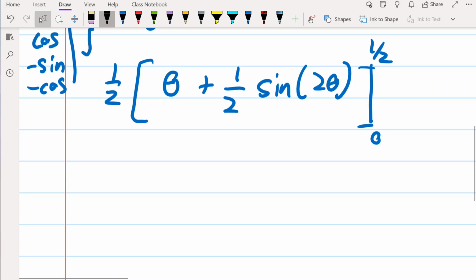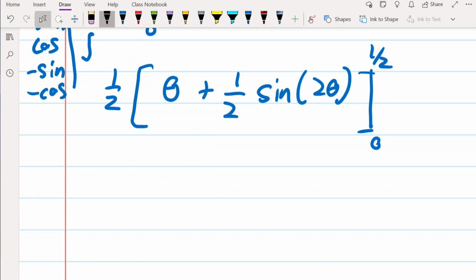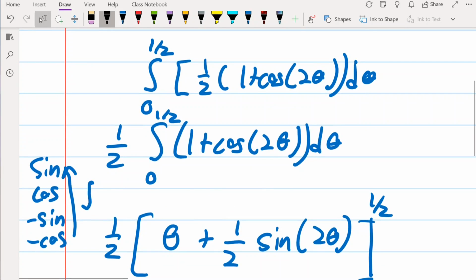Wait, no. It would make du over 2 equal to d theta, because du would equal 2 d theta. And then we just evaluate from 0 to pi over 2. Oh, this is pi over 2. Yep, thought something was wrong.